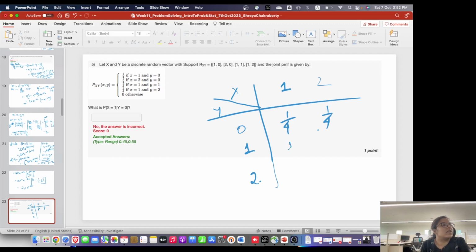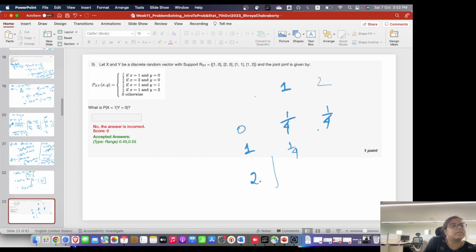x equal to 1, y equal to 1 is 1/4, and the support is 1 0, 2 0, 1 1, 1 2. All right, so support is only given that way.